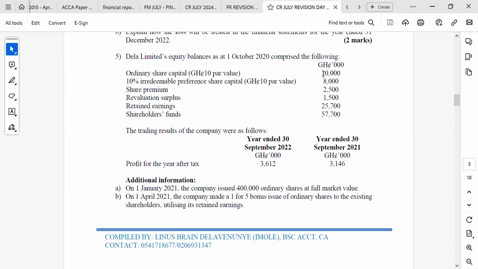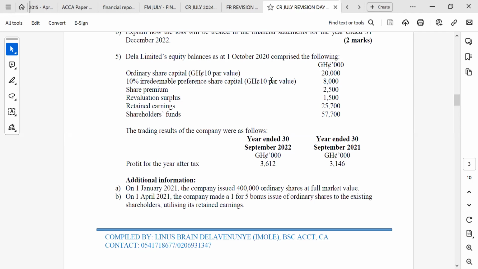Please, you have to know that earnings per share is only calculated for equity shares. But we have 10% irredeemable preference shares. Since they are not going to be redeemed and we don't have an obligation to pay them any cash on a particular day, they are treated as if they are equity shares, so their dividend is treated the way equity dividends are. So to find the profit attributable to the ordinary shareholders, you always subtract the irredeemable preference dividends. But redeemable preference shares are treated as a financial liability under financial instruments, so that is already sent to profit or loss.